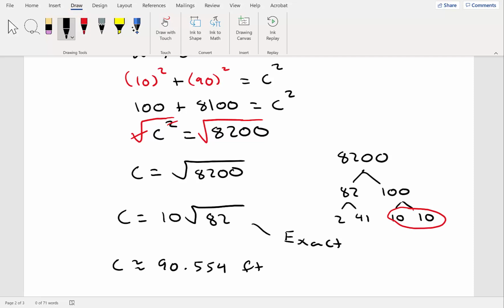So that's how far the throw would be when the catcher fields the ball 10 feet away from home plate on the third baseline. Now the other way, you could put into your calculator 10 times the square root of 82, and you still get the same exact answer. So this was our approximation, which is what you would hear the announcer say.